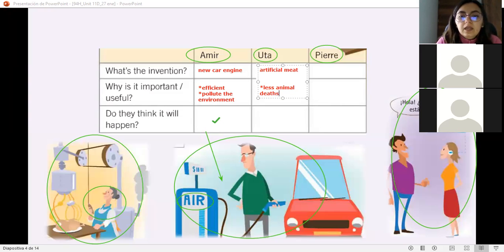There would be fewer animal deaths. So people won't have to kill so many animals, right? What do you think? Is this going to happen? What does Uta say?